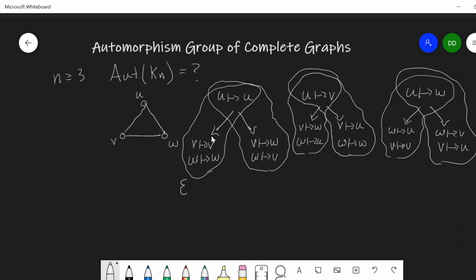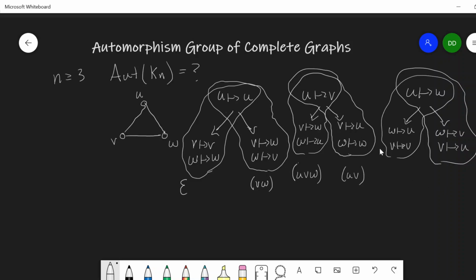And I'm going to label each one of these with its cycle presentation. So this one's the identity. Can't really give a cycle presentation for that one. But here I'm sending U to U and swapping V and W, so my automorphism would look like (V W): V to W, W back to V. Then U to V, V to W, W to U, that's a cycle, (U V W). Here I'm swapping U and V and leaving W fixed.